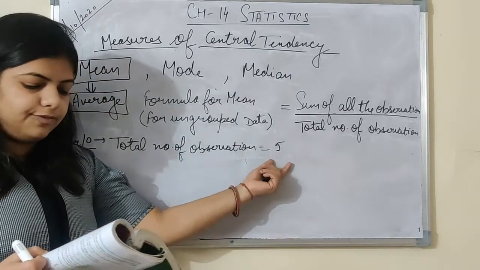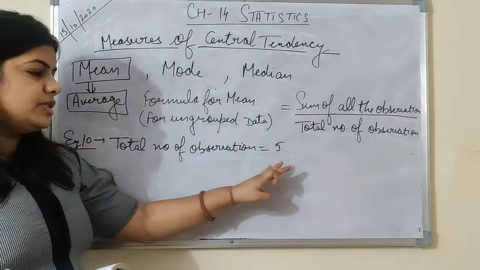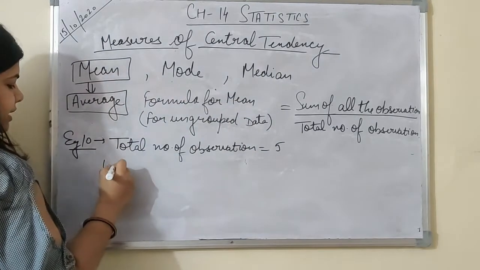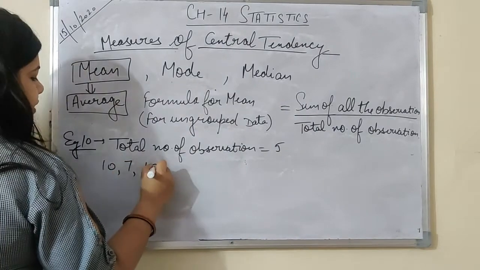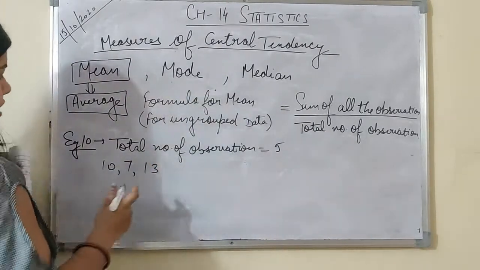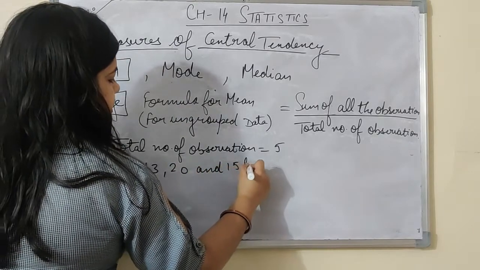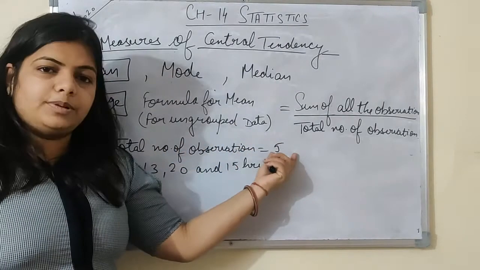That's why I'm writing here total number of observations is equal to 5. Now what are the observations? It is 10, 7, 13, 20 and 15 hours. These are the timings noted for these 5 people.